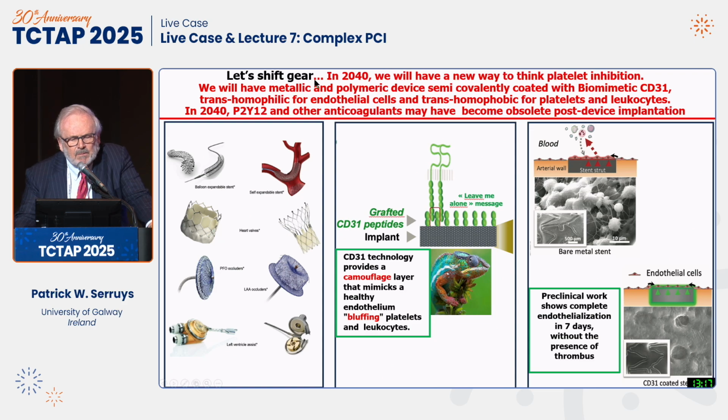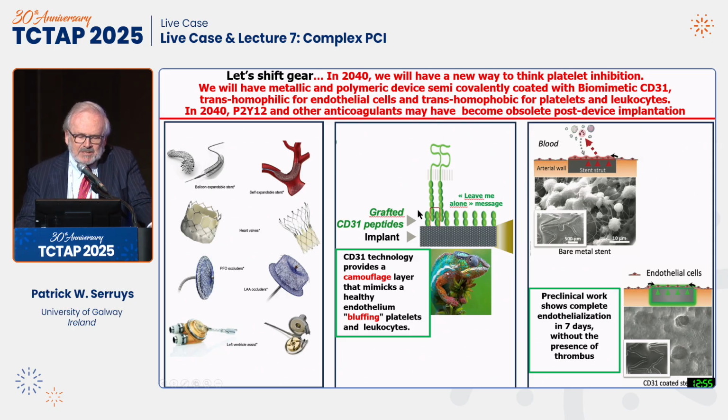Let's shift gear. In 2040, we will have a new way to think platelet inhibition. We will have metallic and polymeric device semi-covalently coated with biomimetic CD31, a trans-homophilic for endothelial cell and trans-homophobic for platelet and leukocyte.